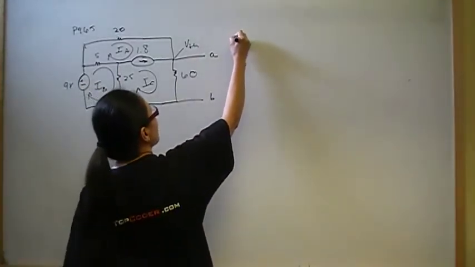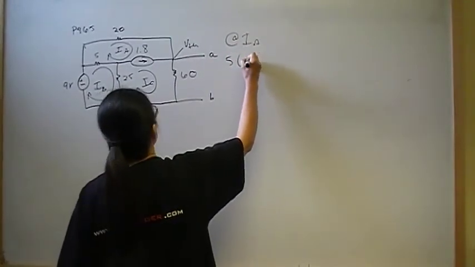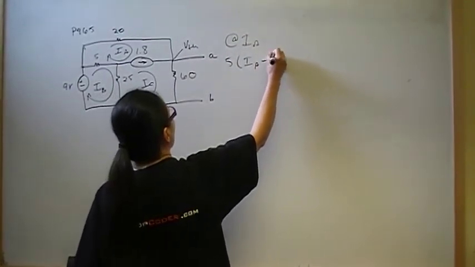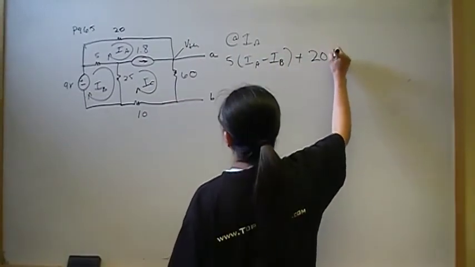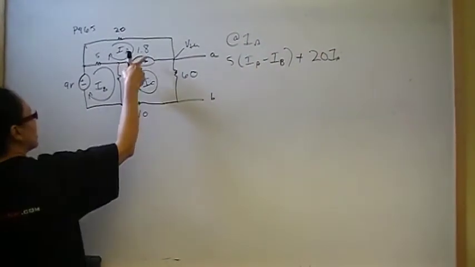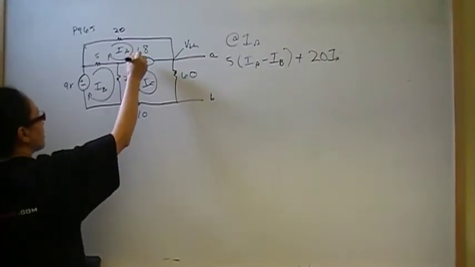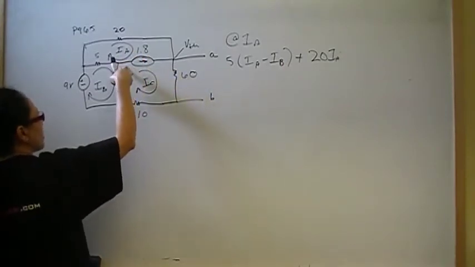So mesh at IA gives me 5 times IA minus IB plus 20 IA. And then here we have a current source, and so the direction of the voltage rise is from here to here.